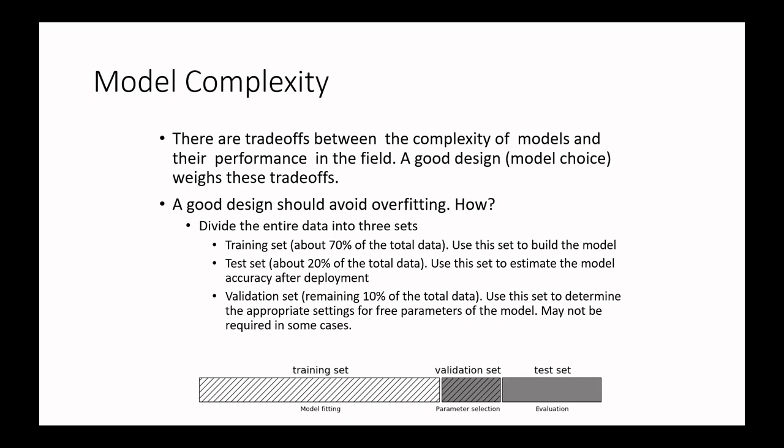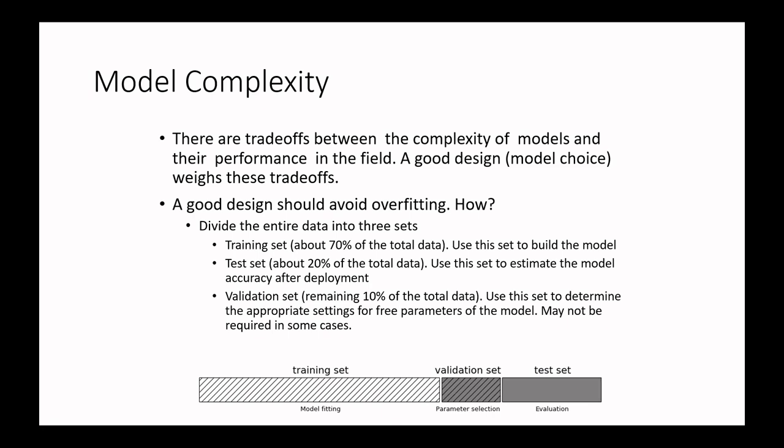To do that, typically what people do is they take the entire collection of examples that you have at your disposal to build your model. Out of that collection, you take about 70% of the examples and use them for training or for building the model.